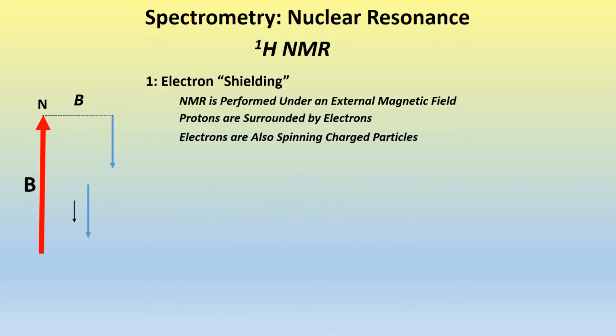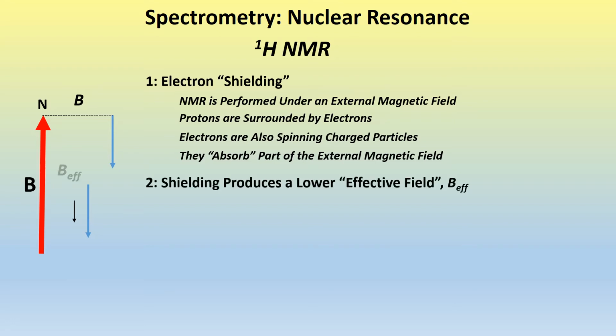Electrons are also spinning charged particles. Therefore, they have a magnetic field and they absorb part of the external magnetic field. Shielding produces a lower effective field felt by the proton, symbolized by B subscript eff.